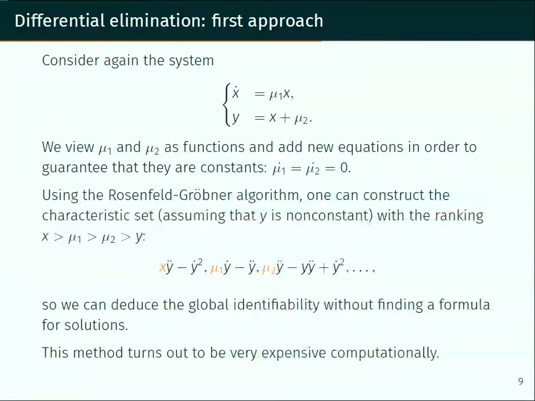In general, you probably can get formulas if mu1, mu2, and the parameters appear nonlinearly. But we're asking about global identifiability, so they will be linear expressions, if they're globally identifiable. Look, if instead of mu2 in your y equation I had mu1 times mu2, whether it makes sense or not. When you have a system of differential equations and compute a characteristic set, there's no guarantee that variables appear linearly.